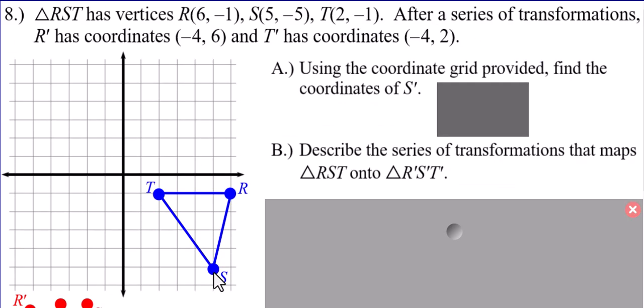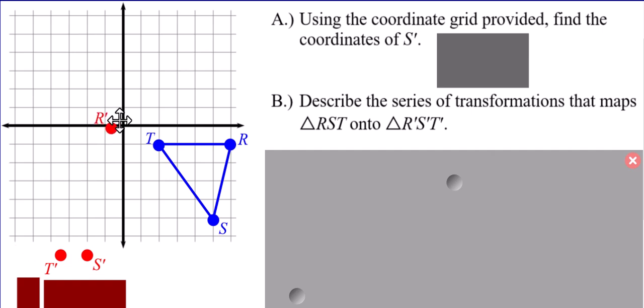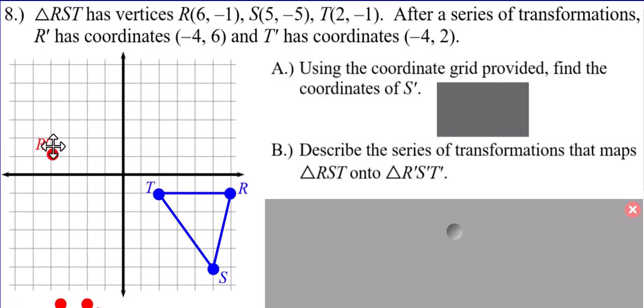All right. Now that we've done that, let's graph the R prime and the T prime that were given to us. R prime is now -4 and 6. So left 4. Did I count correctly? 1, 2, 3, 4. Yeah. And up 6, 1, 2, 3, 4, 5, 6. There's R prime.